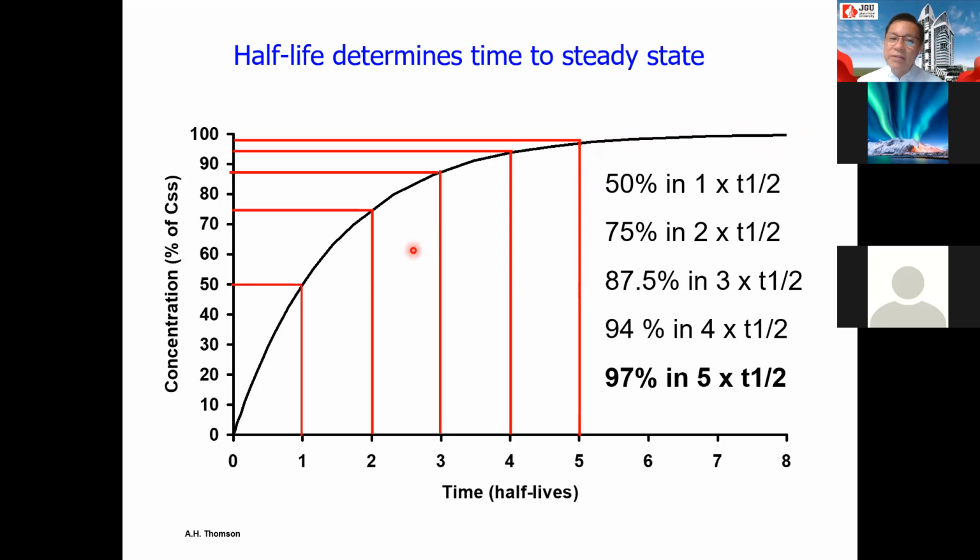Because say if you take the plasma concentration here, what will happen? Let's say you are giving a drug and before it reaches steady state, you already take the plasma concentration here. You would treat it as subtherapeutic. You will think, oh, it's still very low, not yet therapeutic.